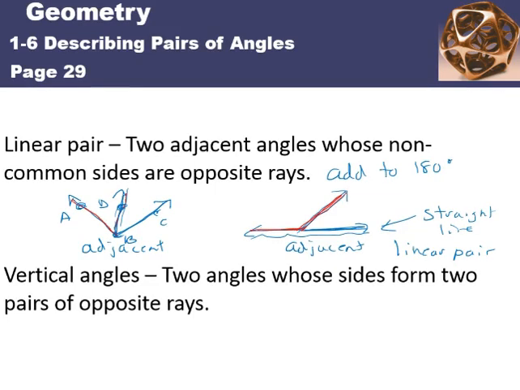Okay, now let's talk about vertical angles. Vertical angles: anytime you have an x. So here I have an x. And there's a whole bunch of angles in this picture, but we're going to talk about angles 1, 2, 3, and 4. Let me get some colors. So we have this red angle, angle 1.